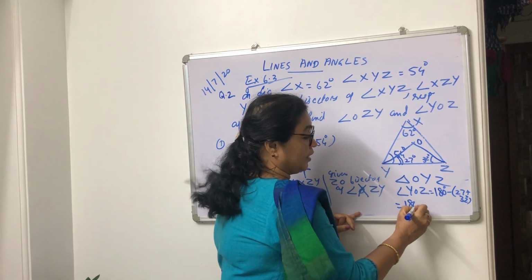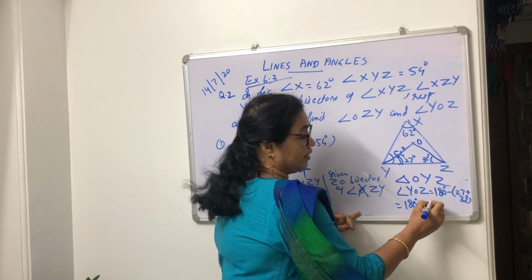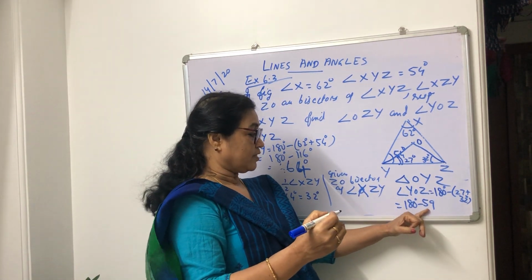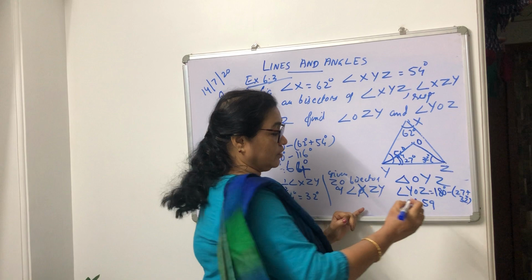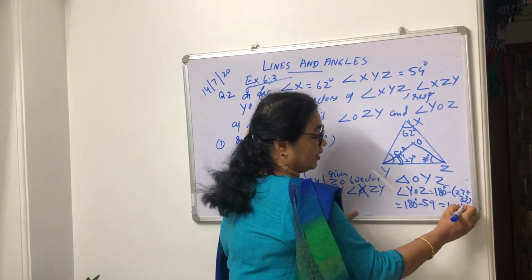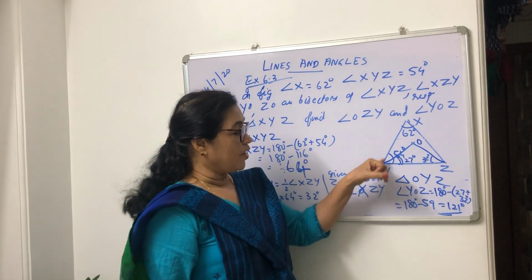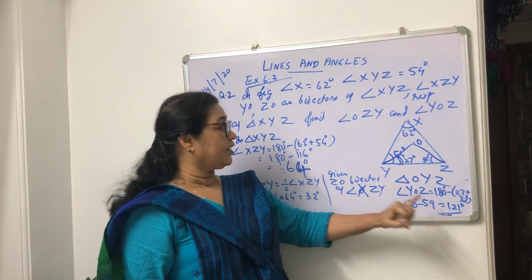That is 180 degrees minus 59 degrees, which is 121 degrees. So angle YOZ is 121 degrees.